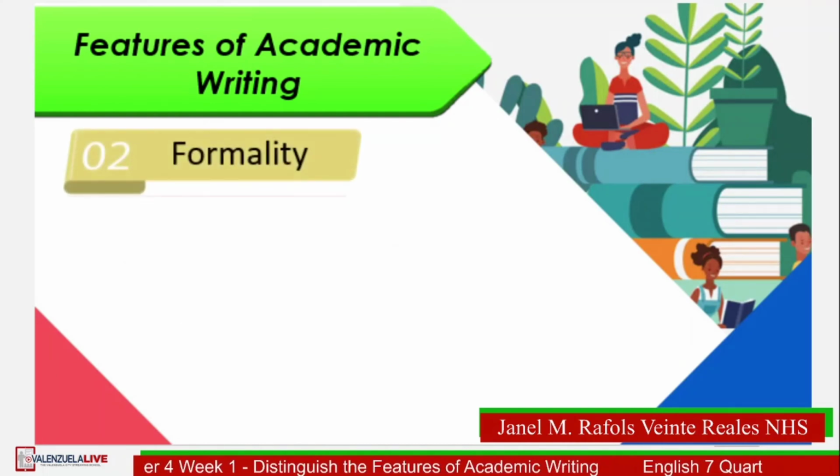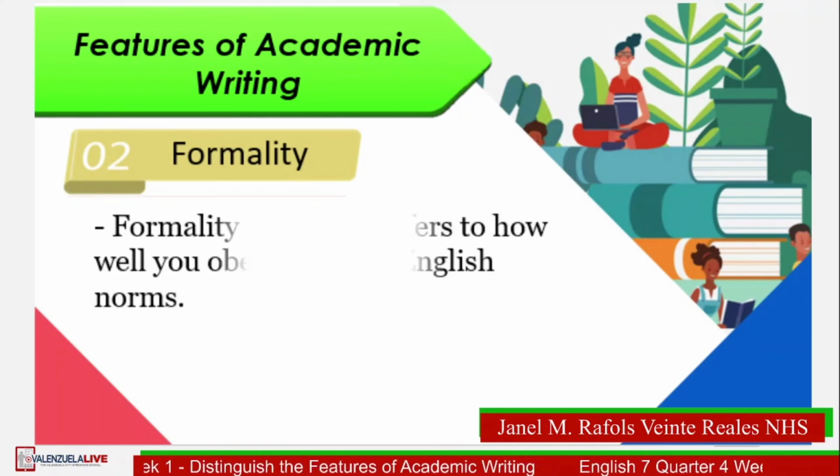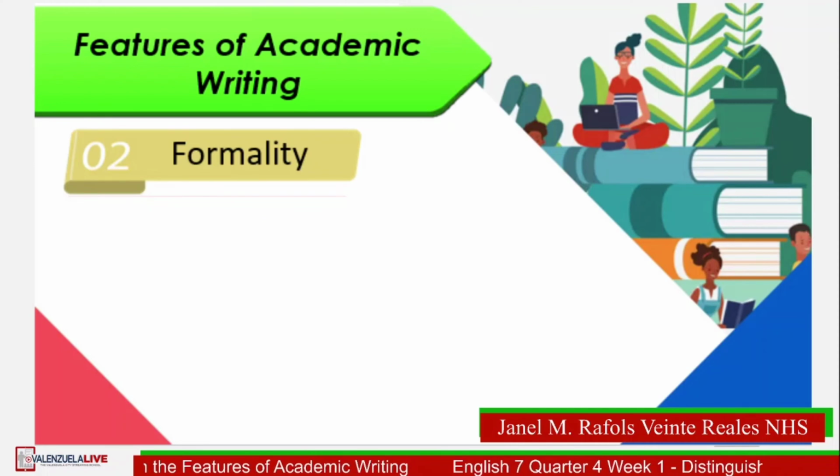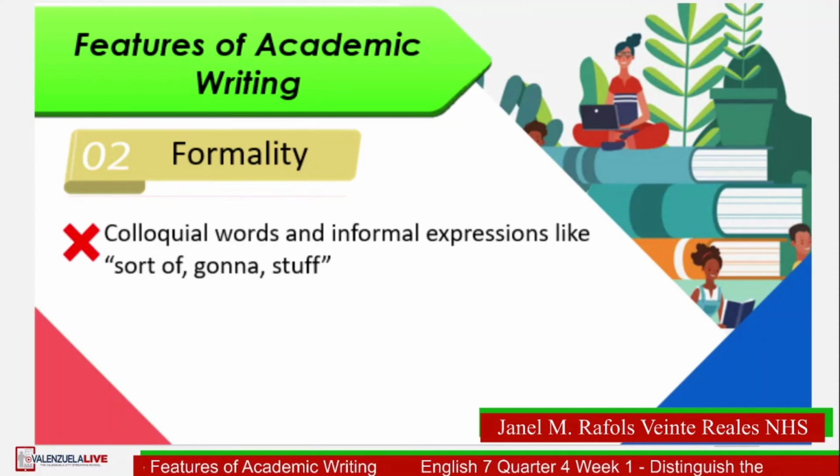The next feature is formality. Formality in writing refers to how well you obey standard English norms. Here, you need to avoid using colloquial words and informal expressions like sort of, gonna, or stuff.